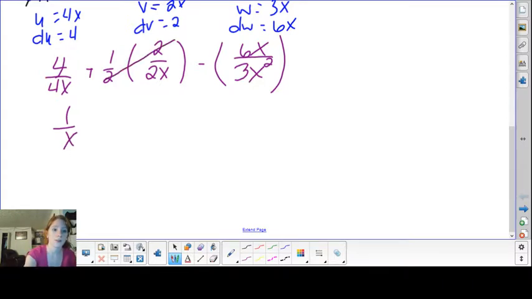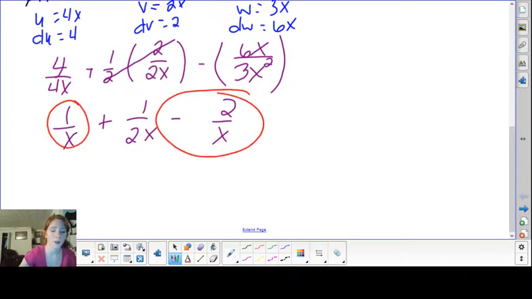My 2's cancel here, but I'm still left with 1 over 2x minus 6 divided by 3, which is 2 on top. X over x squared gives me x on bottom. And then I can combine my 1 over x minus 2 over x, which gives me negative 1 over x plus 1 over 2x.